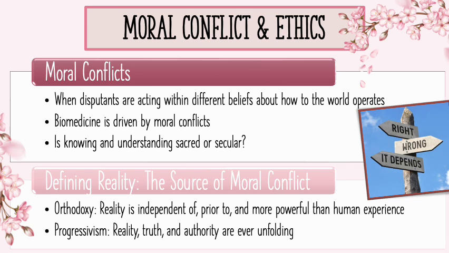According to James Davison Hunter, a professor of sociology from the University of Virginia, underlying moral conflict is the innate struggle to define who and what we are. Hunter frames this competition to define what we are as a struggle to define such fundamental matters as human nature, good and evil, truth and authority, and meaning and value.